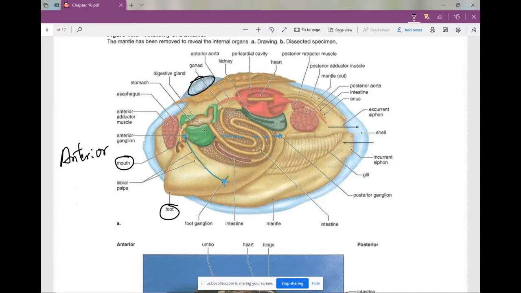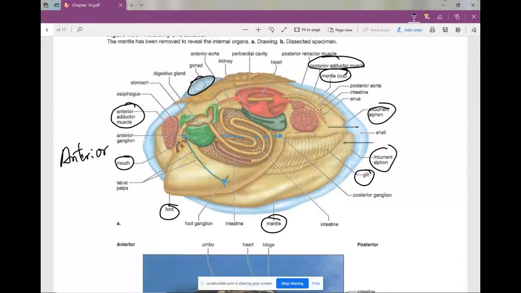Anterior adductor muscle. Here you have posterior adductor muscle. The mantle. Again, the mantle. Know your gills. Incurrent and excurrent siphon location is good to know. All right, so that's it for that.